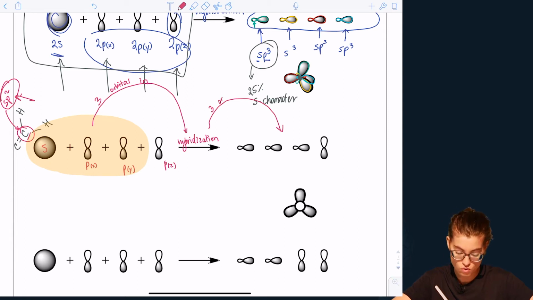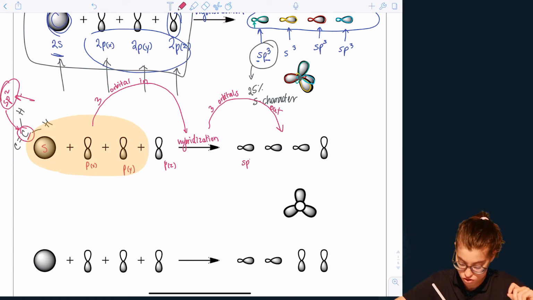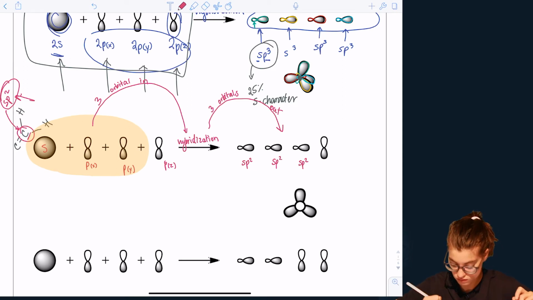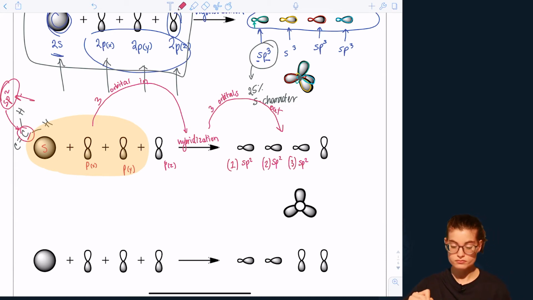Yes, 3 orbitals out. So I will get 3 degenerate, in other words identical, sp2 orbitals. So here's the first one, here's the second one, here's the third one.